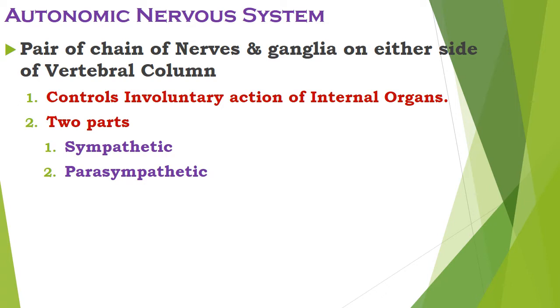Now if you turn to page number 129 of your textbook, you will see figure 10.8. There at the base you can see sympathetic and parasympathetic. In the bracket their function is mentioned. Sympathetic system prepares the body for action, parasympathetic prepares the body for relaxation.